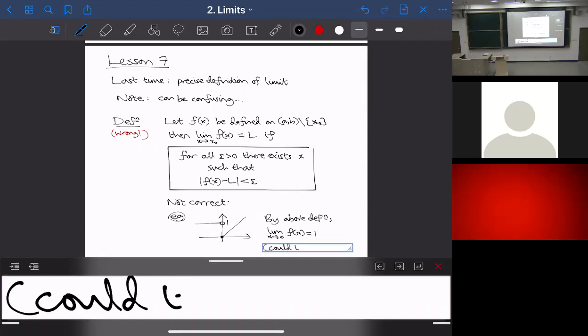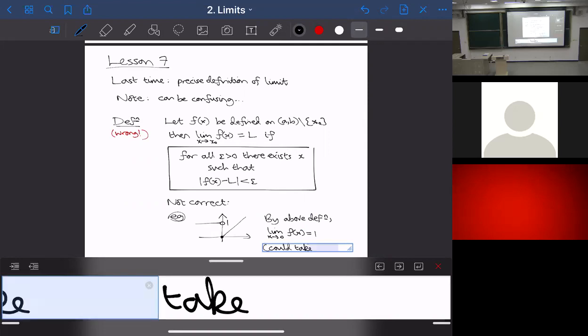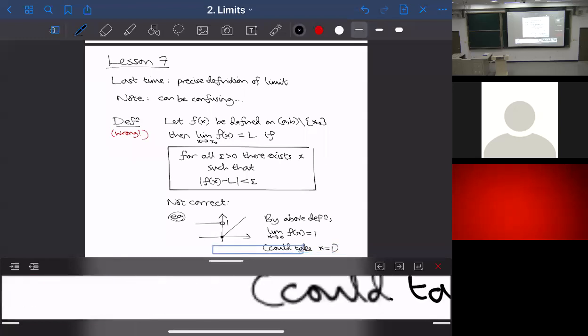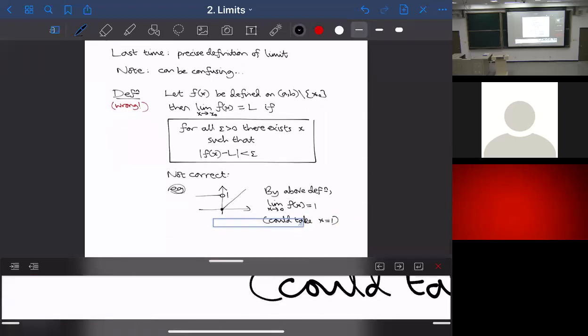Because we could take in the above x equals 1. There's always a value of x such that the value of the function is close to 1. In fact, there's always a value of x such that the value of the function equals 1. So the limit there equals 1.